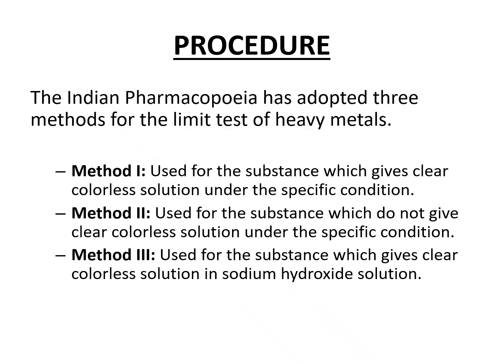Next, the procedures behind the limiters for heavy metals. There are mainly three methods that we use for the limiters for heavy metals. Method 1 is used if our substance gives a clear colorless solution under the specific condition, method 2 is used if our substance does not give a clear colorless solution, and method 3 is used if our substance gives a clear colorless solution in sodium hydroxide solution.